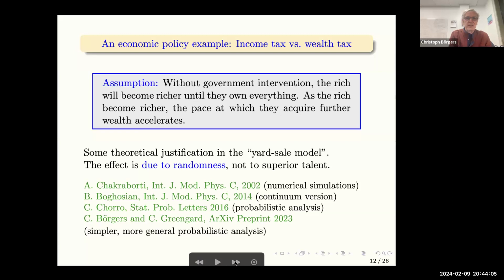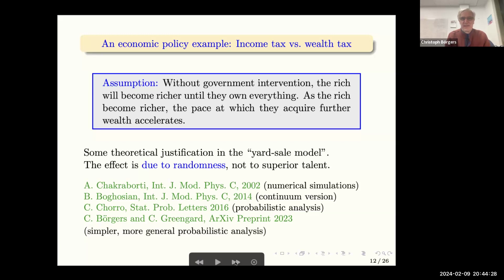There is some theoretical justification of this in the so-called yard sale model, which is a model proposed by two people, actually. And I'm sorry, I forgot the name of the other person, but one was Chakraborty in India, and the paper is there, 2002. I will say very quickly, just because it's neat, what the yard sale model is.